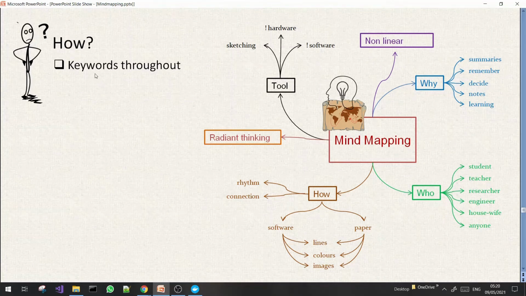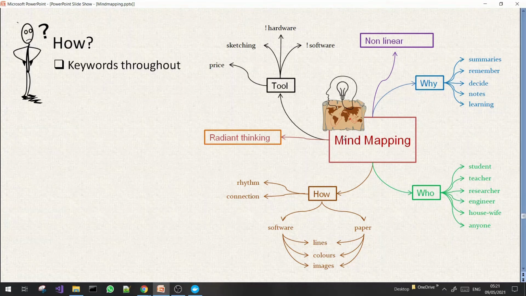Next guideline, which says we should use keywords. Keywords, for example, tool is a keyword which says mind mapping is a sketching tool. It's not a hardware tool, not a software tool. It's a sketching tool, right? Imagine if I have drawn this mind mapping, and after few days I like to have more and more information.